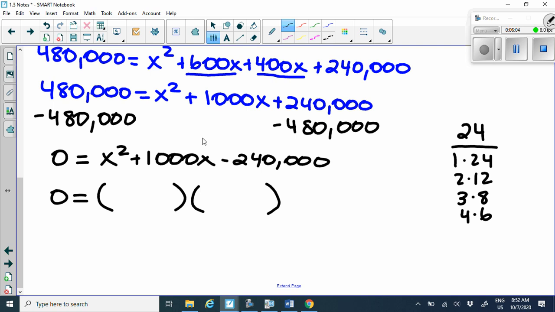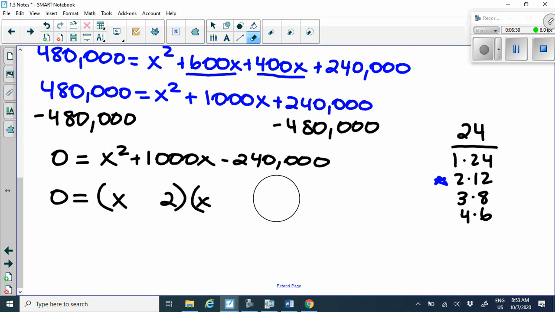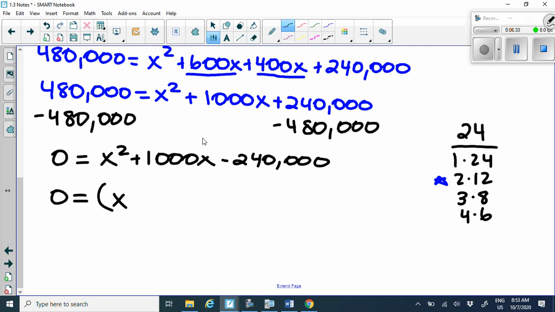So we might think 4 and 6, right? Because that seems like that'll add up to 10. However, remember we have negative 240, and to add up to a positive 10, we would have to have positive 4 and positive 6. So actually that doesn't work. So instead, what we have to use is 2 and 12. To add up to a positive 10, we will have to use a positive 12 and a negative 2. Now, are these just going to be 12 and 2? No, we will need to add 2 zeros to these.